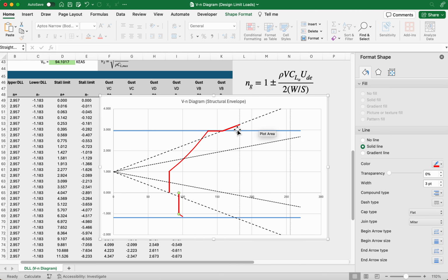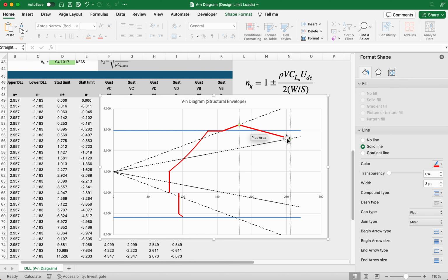So let's continue moving right. From our cruise speed at our maximum gust intensity, we can connect that with a straight line back down to where our dive gust intensity intersects with our dive speed. Now in this half, so between cruise and dive, we have to follow whatever is the maximum.